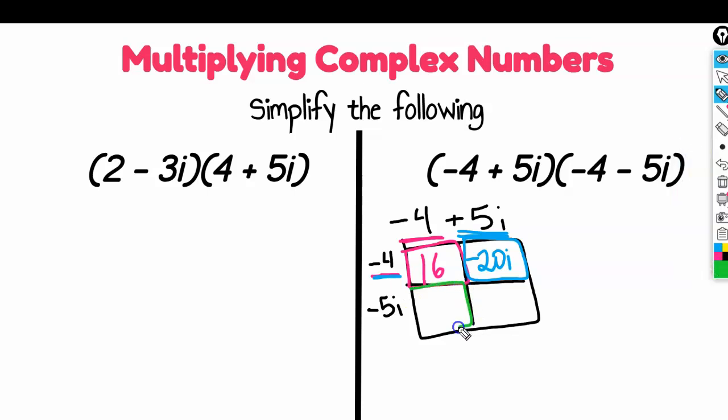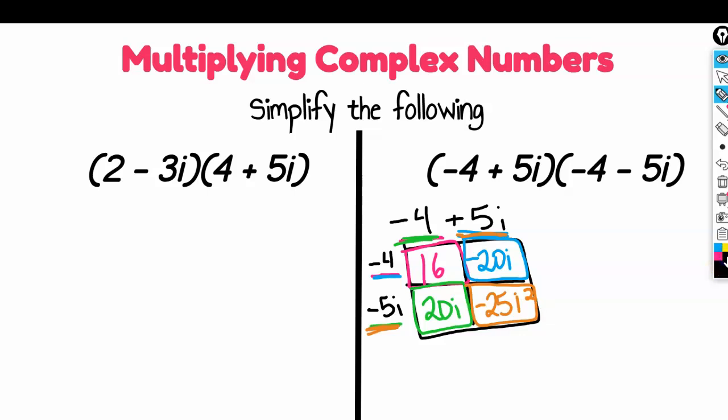Then for this space, we've got negative 4 times negative 5i, which is positive 20i. And then in this last space, we've got 5i times negative 5i, which is negative 25i squared.